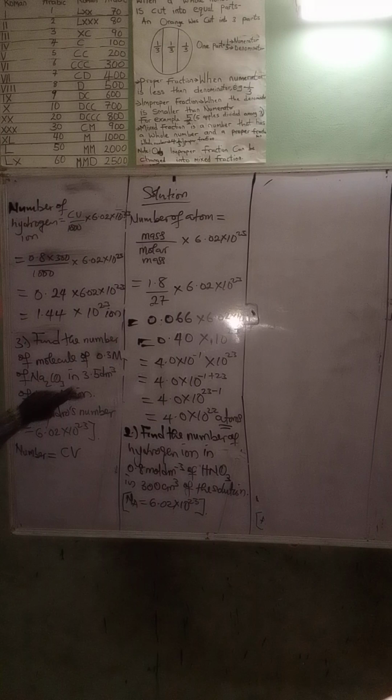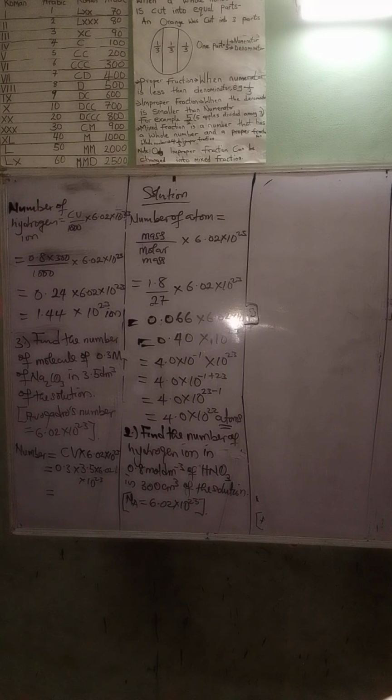Why? Because the volume is in dm cube. Then times 6.02 times 10 to the power 23. So our C now is 0.3 molar times, what's our volume? 3.5, then times 6.02 times 10 to the power 23.